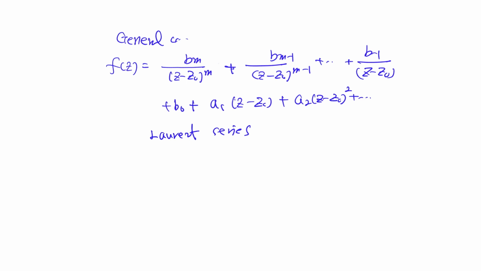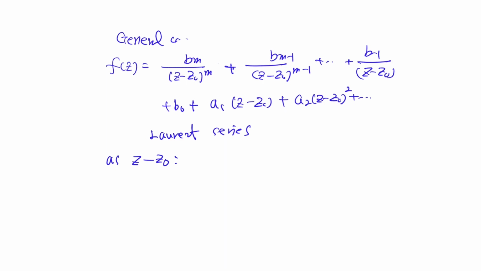Then this is it. A0, B0, anyway. What happens to this function when z is approaching z0? It becomes infinite, right?